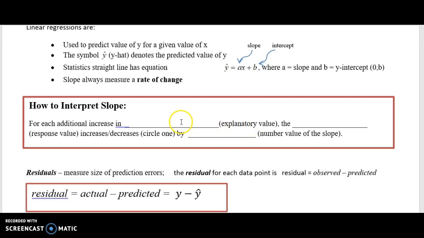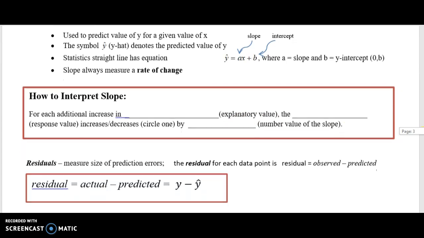So for example, in the very first example, for every increase in chocolate consumption per kilogram per capita, and in this blank you're going to put the response value, the number of Nobel laureates per 10 million, and here we write increases or decreases. You choose this by whether your slope is positive or negative. So increases by, and then we need a number for the slope. This we don't have yet for the chocolate consumption, but we're going to do this with the examples.